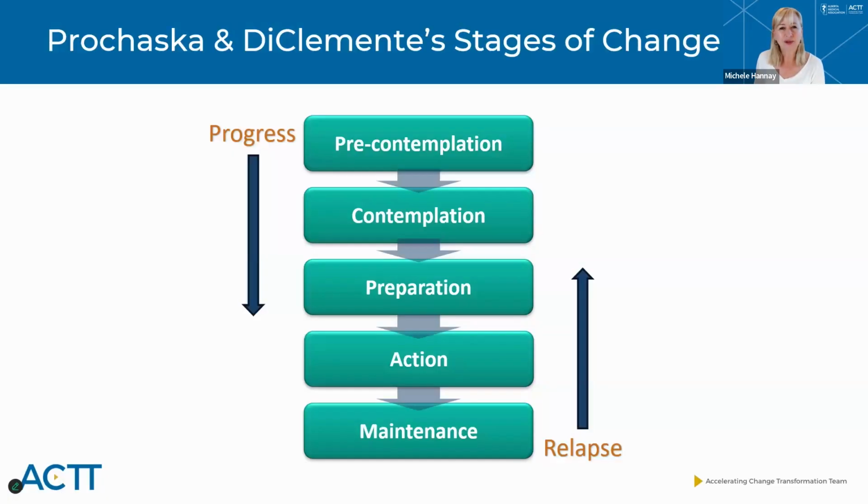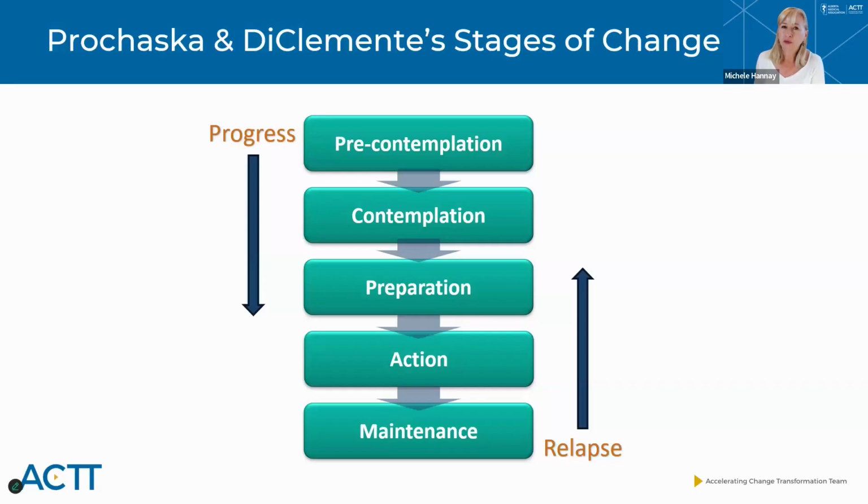Now, for most of you, most physicians and a lot of healthcare practitioners are familiar with this change management model that was developed by Prochaska and DiClemente, the stages of change model. And this one has been around since the 70s. And as you know, it says that a person's health behavior change involves moving through five cognitive stages.